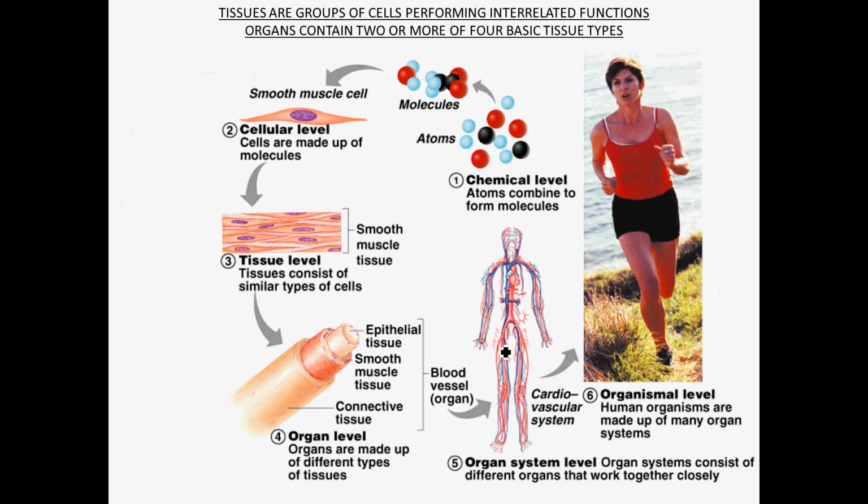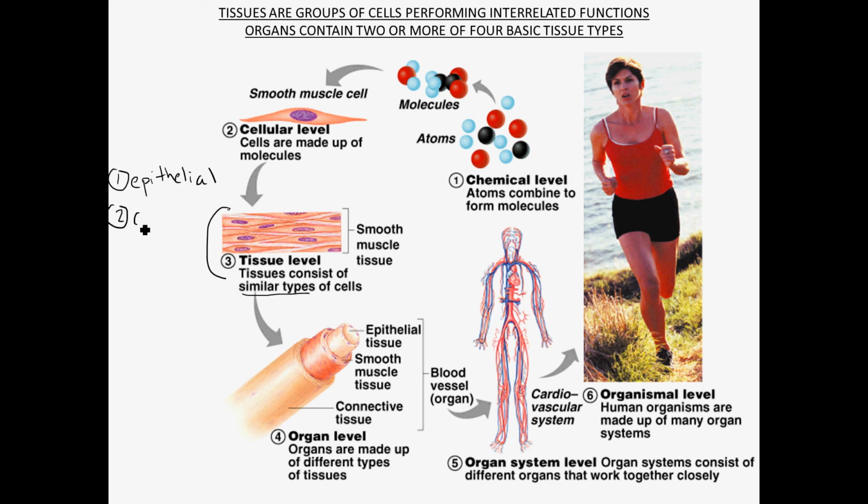I know that was an awful lot of information quickly, but what we're trying to focus on is looking at this tissue level, and defining a tissue as similar types of cells. What we're going to find is that there are 4 basic tissue types that we're going to study. First, there are epithelial cells, or epithelial tissue.